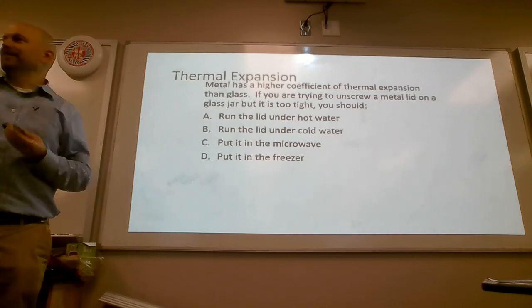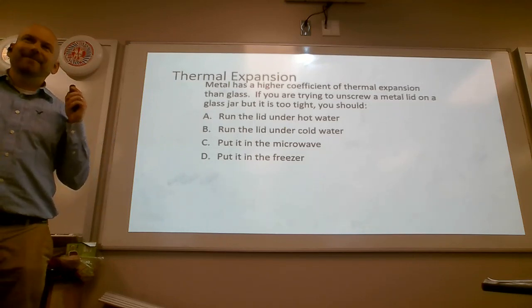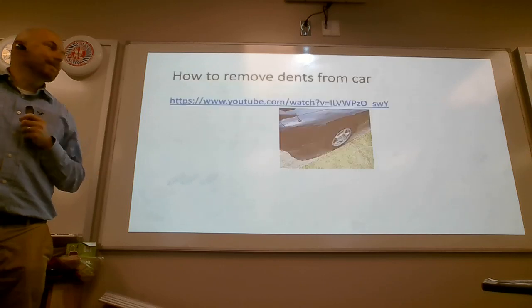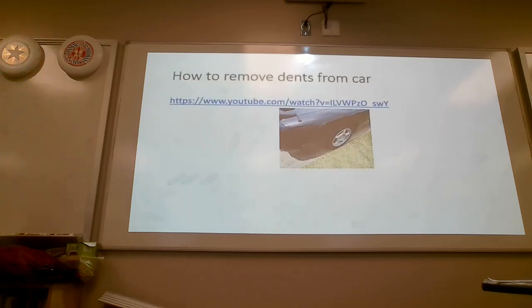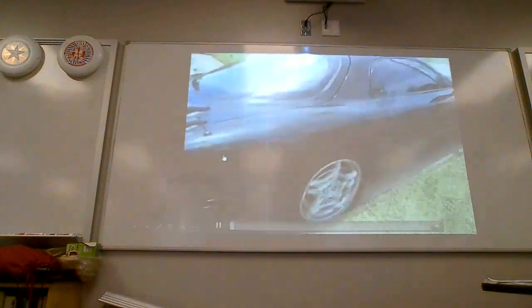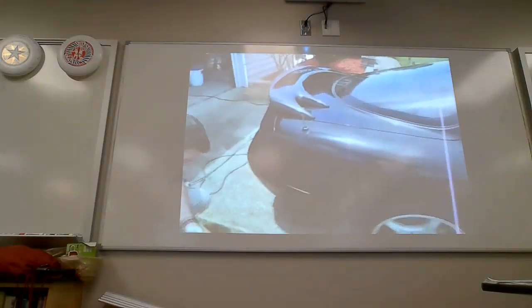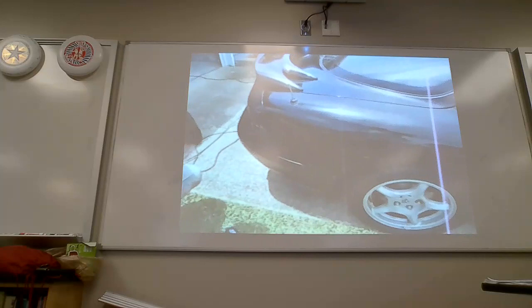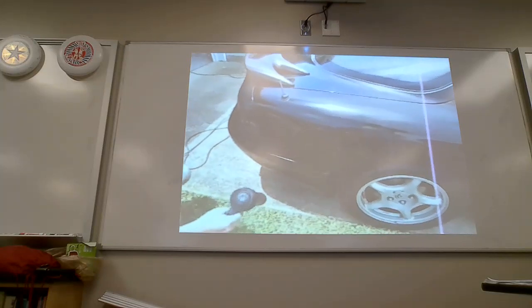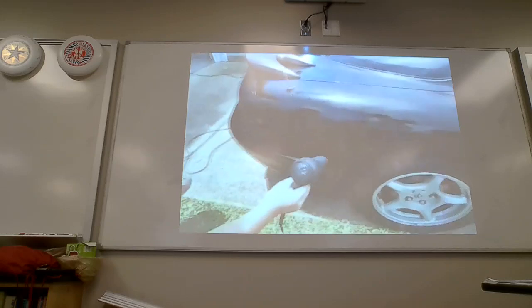Life hack for you. Okay. This one might be the most practical thing you learn in school today. Got a hair dryer or heat gun.